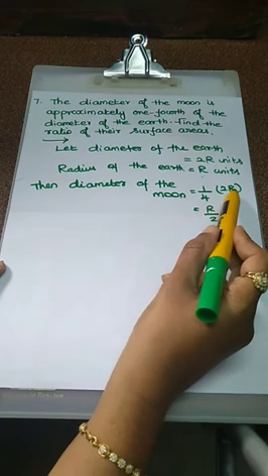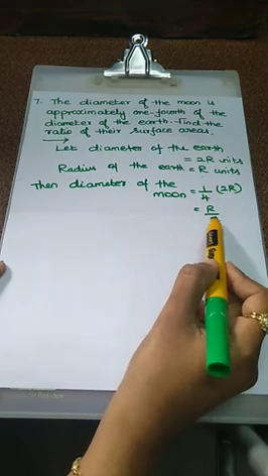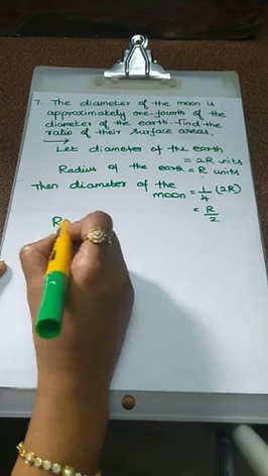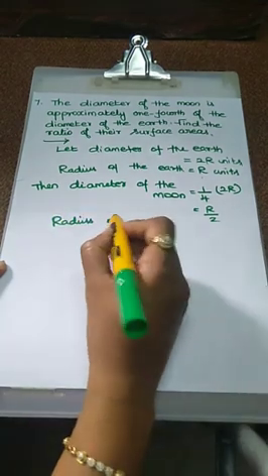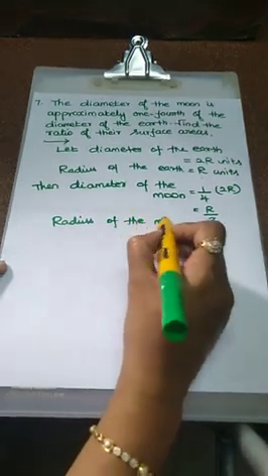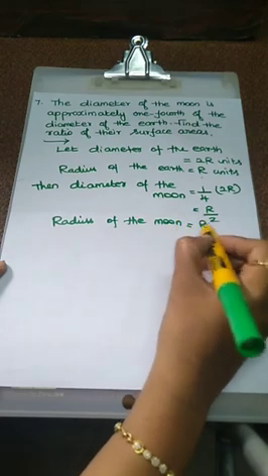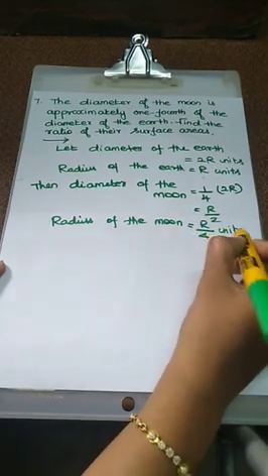So the diameter of the moon is 1/4 of 2 r. Cancel the value, so that value is r by 2. What is the radius of the moon? Radius of the moon is half of that value, so that is r by 4 units.